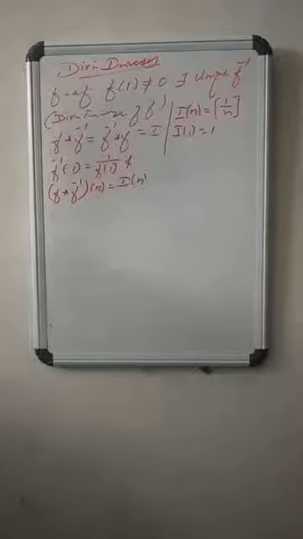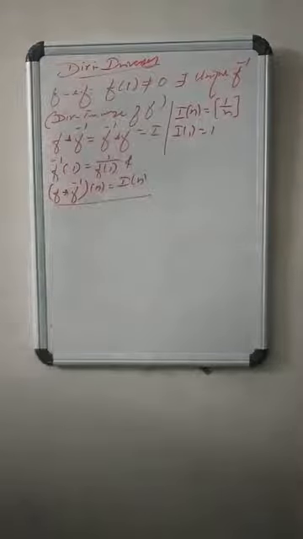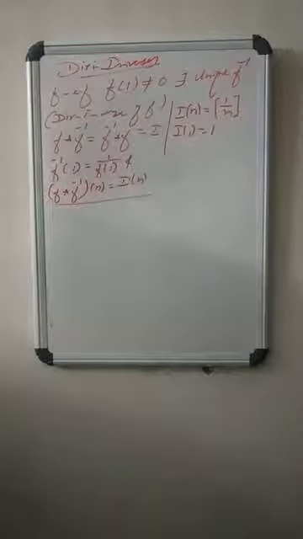So assume that the function values f inverse k have been uniquely determined for all k less than n. Then we have to solve the equation f star f inverse of n equals I of n.